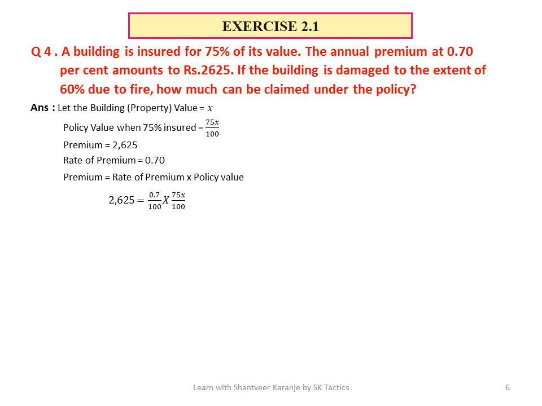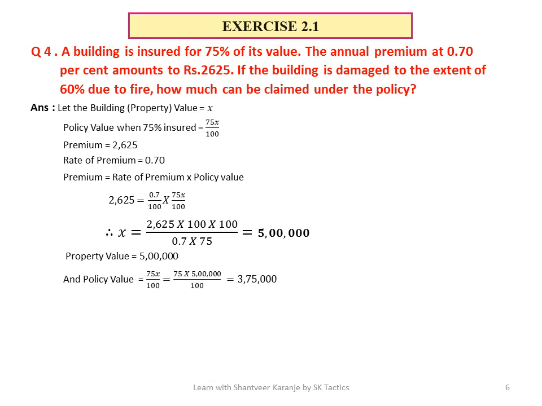This becomes like this: X is equal to 2,625 into 100 into 100 divided by 0.7 into 75, and calculation gives me the answer 5 lakh. So X is 5 lakh, and we assumed X as building value or property value. So property value is now with us, it is 5 lakh. From property value we can calculate policy value. So policy value 75x by 100 is 75 into 5 lakh by 100, which is 3 lakh 75,000.